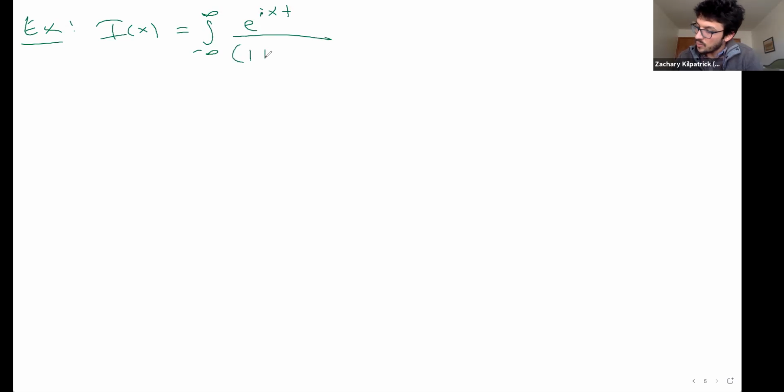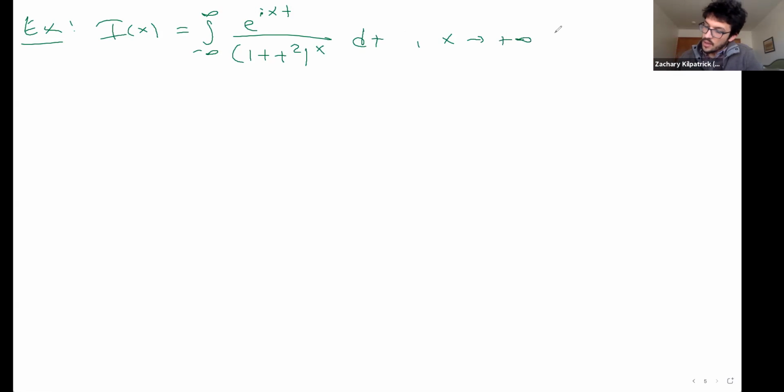And I'll take the case of the following integral. I of x is equal to the integral from minus infinity to infinity of e to the i x t divided by (1 plus t squared) to the x dt, as x goes to positive infinity.